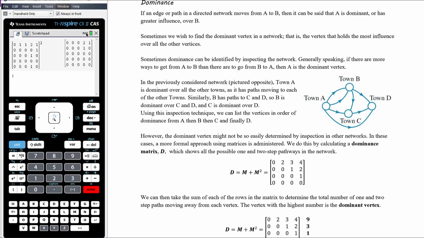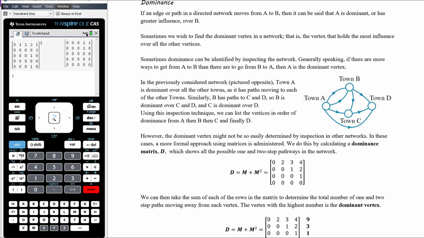Sometimes we might wish to find the dominant vertex in a network. That is the vertex that holds the most influence over all other vertices. That might just be that it has the most road connections. It might be that it has the most friendships if it's about people. It might be that it has the most wins if it's representing a sporting competition.